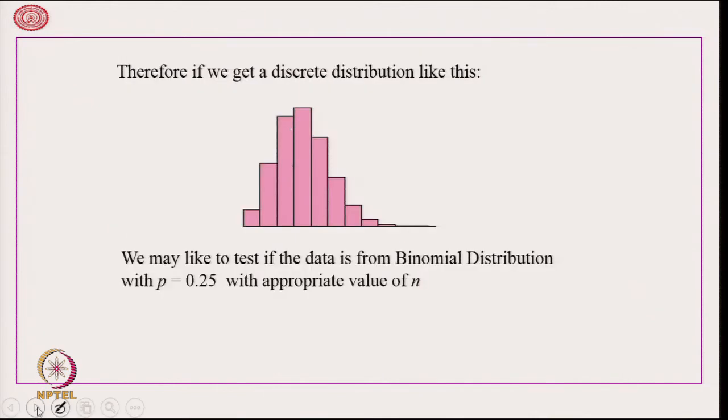Therefore, suppose we get a discrete distribution from the observed sample, something similar to this, which is skewed on this side. It is quite natural that we will like to test whether it is coming from a binomial distribution with p equal to 0.25 for an appropriate value of n, and that is what testing of hypothesis is all about.